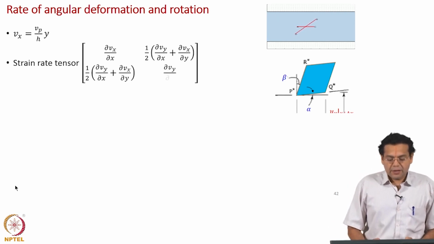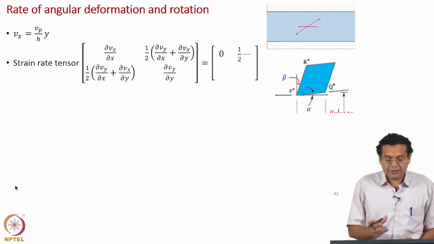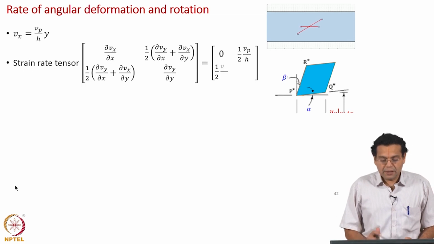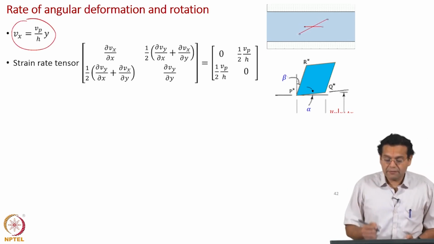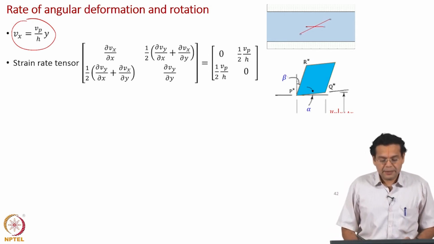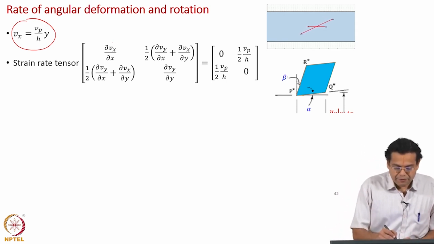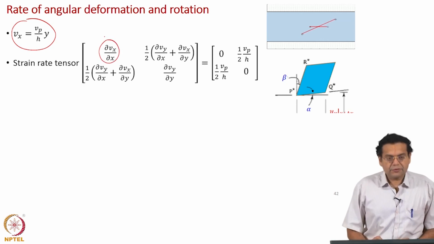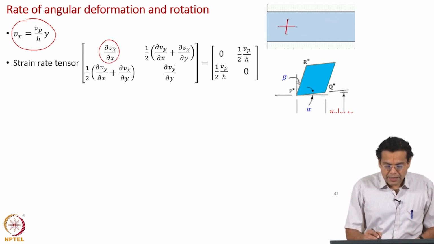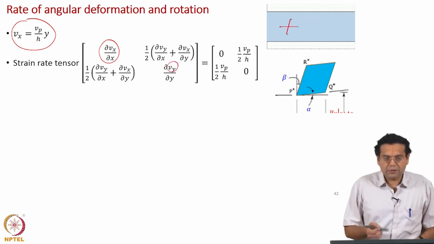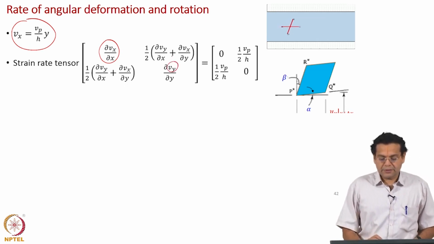So far we have been working in terms of the expression for the strain rate tensor, but now because we are given the velocity field, we can evaluate the strain rate tensor. So, dou Vx by dou x of course is 0, Vx does not depend on x, and Vy itself is 0. So, dou Vy by dou y anyway 0.